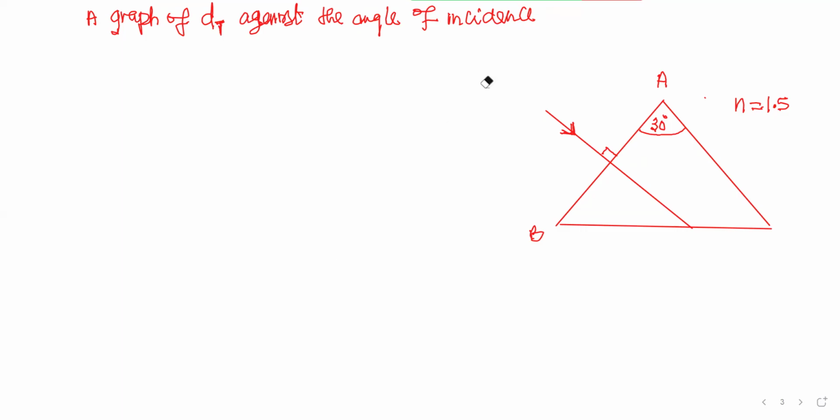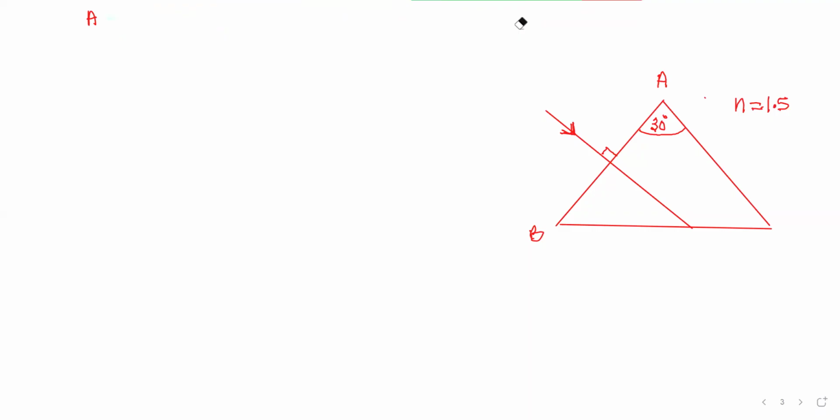Okay, Echo wants to help. Yes, Echo. Sir, please, is it 0 degrees? That is 0. So when the ray is perpendicular to the plane, the angle of incidence is 0, because the angle of incidence is the angle between the normal and the incident ray, but they are all parallel. So the angle between them is 0.